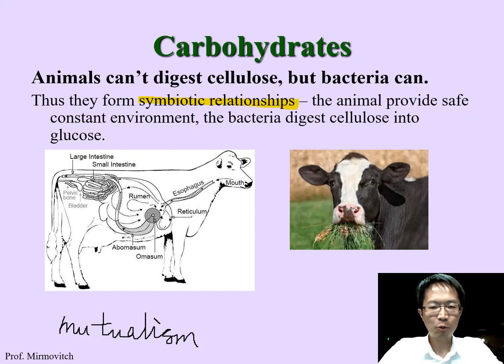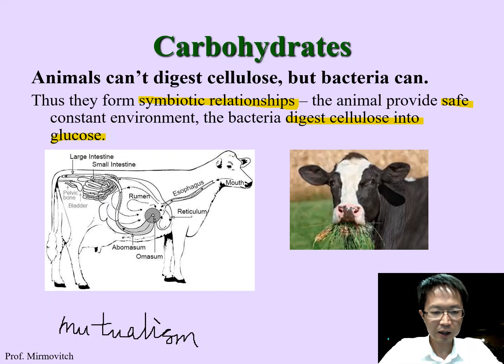It is a win-win situation. So in this case, the animal provides a safe environment for bacteria to live, and also provides food for the bacteria. And bacteria in turn digest cellulose into glucose so that the animal can get more nutrients. So it is a win-win situation.